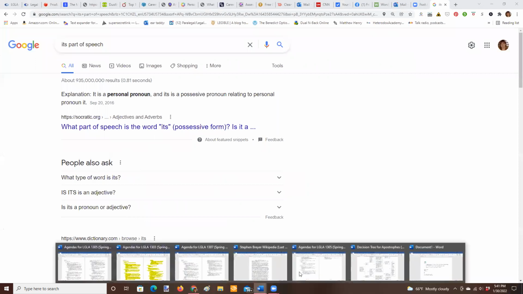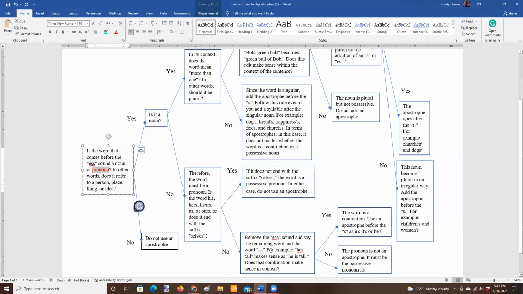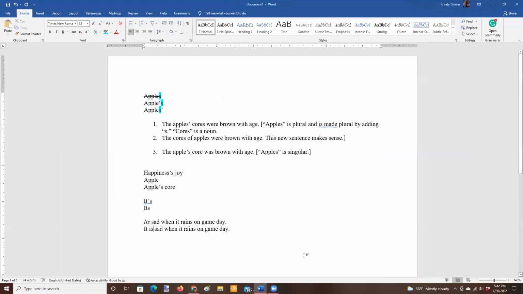Let's check that out. I was supposed to remove the S sound and say the remaining word, and the word is. So let's read it now and see if it makes sense. It is sad when it rains on game day. I'm just going to say this sentence makes sense.